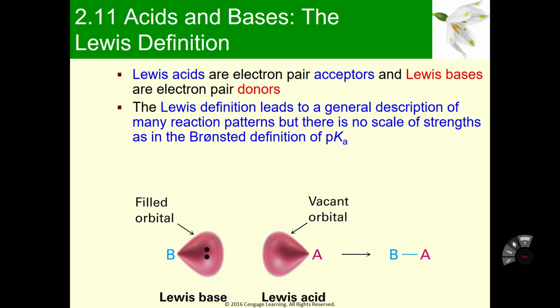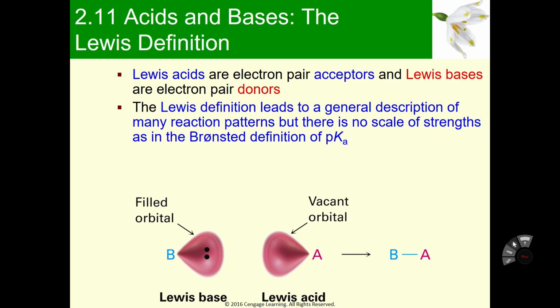In order to be an electron donor, you need non-bonding orbitals. In order to be an electron acceptor, you need vacant empty orbitals to be filled by the electrons from the other molecules.